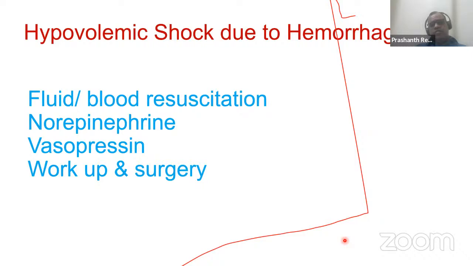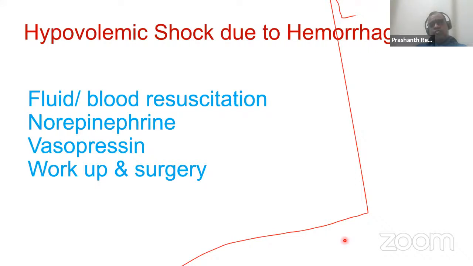In these cases, it is better to start fluid and blood resuscitation. Only after you have done a good amount of resuscitation, if hypotension is persisting, then start norepinephrine or vasopressin.